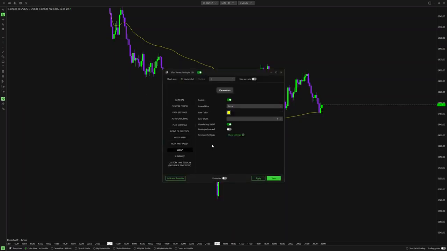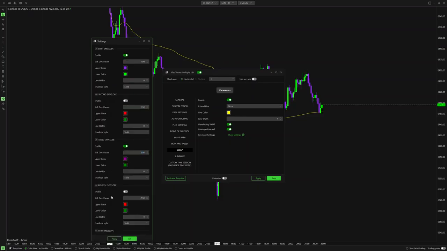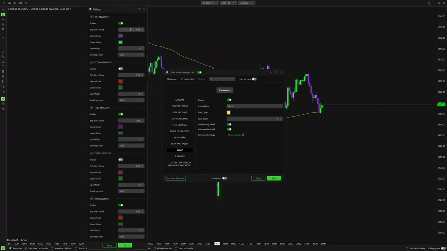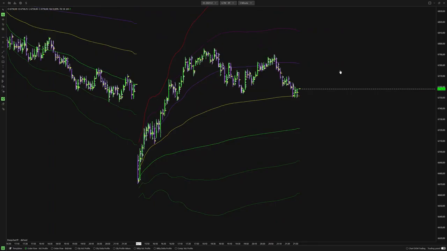So we go into the settings and activate the envelopes, and we set the first envelope with a standard deviation parameter of 1. I typically have 1, 2, and 3, but you can have 1.5, 2.5, however you like it. We apply it, and we get these bands.